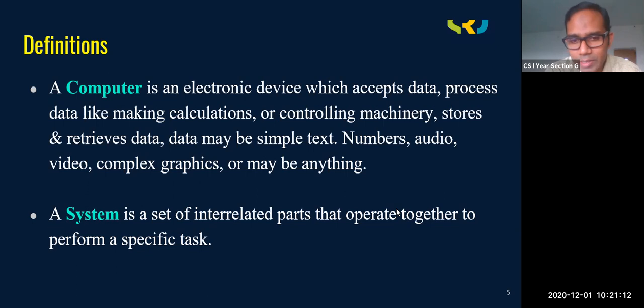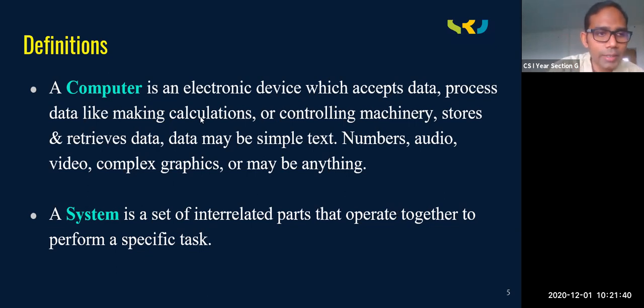They are interconnected with wires, and they perform a single task: processing the data as provided by the user. So a system is a set of interrelated parts that operate together to perform a specific task.